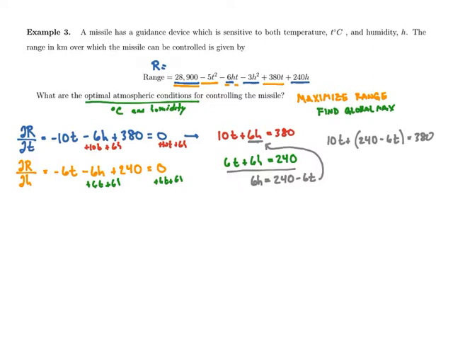Combining like terms, I have 10t minus 6t is 4t. And if I subtract the 240 on the other side, that'll give me 140. Then I'm going to divide by 4, and that'll give me a value of t equal to 35.